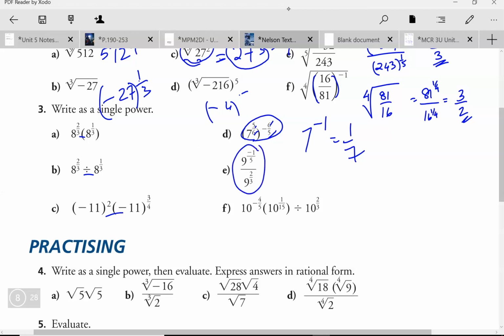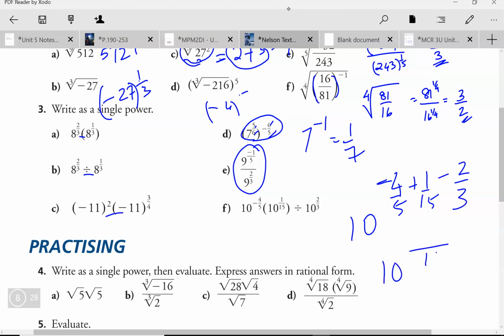This is just subtraction, but you have to be careful because you have to find a common denominator in the exponents. This is addition, so this is 10 to the power of -4 over 5 plus 1 over 15 minus 2 over 3. The common denominator is 15. And you kind of have to work from there. So times 3, times 3.